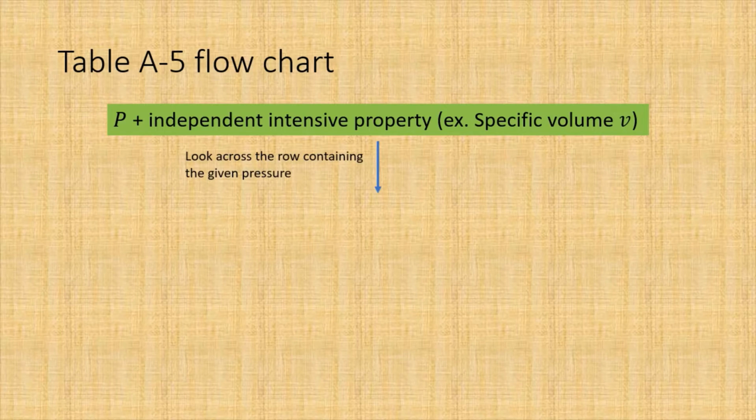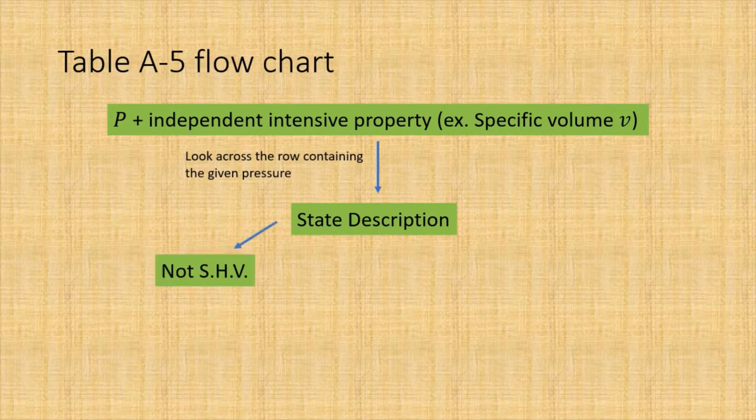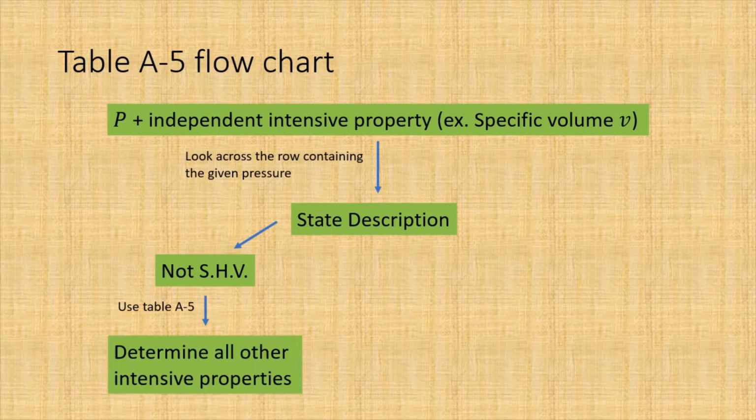Then, based on the other intensive property, we can determine the state description. And if the substance is anything but a superheated vapor, we can use table A5 and determine all other intensive properties. If we have a superheated vapor, we will need to use table A6, the superheated water table. And then we will be able to determine all other intensive properties.